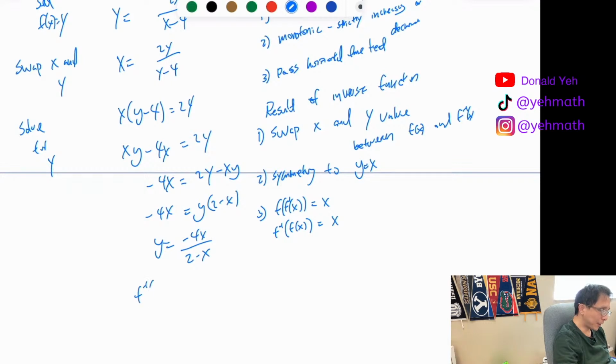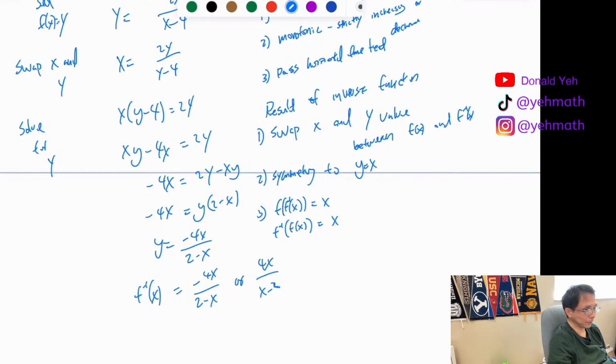This one's going to be f inverse of x equals negative 4x over 2 minus x, or 4x over x minus 2. That means the same thing. I just distributed to the bottom. Is that okay? So that's called the inverse function.